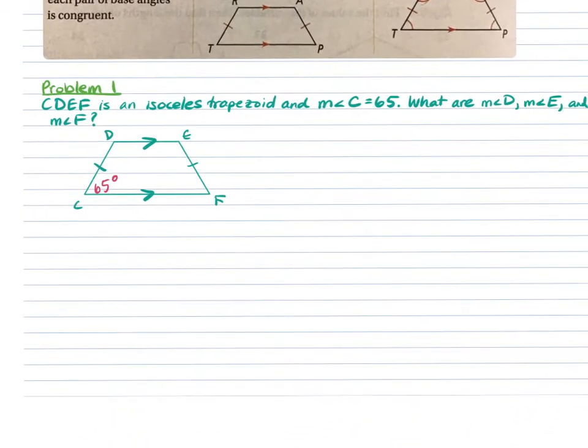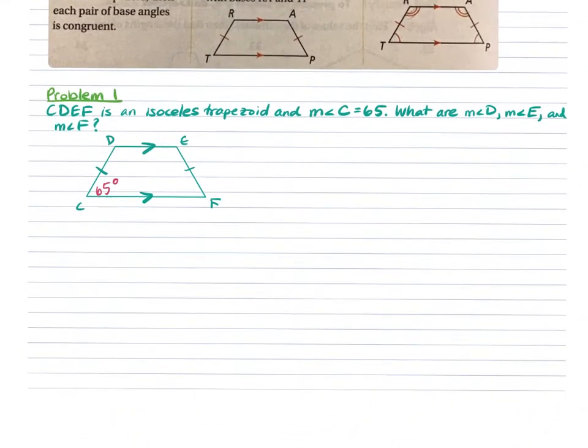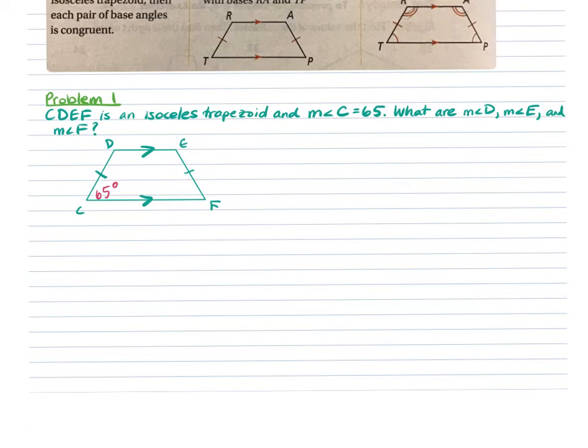We can see here we have an isosceles trapezoid, CDEF, and the measure of angle C is 65. What are the other measures of the trapezoid? So since this is an isosceles trapezoid, we know that these two angles are congruent, and this has to also be 65 degrees. We also know since these sides are parallel, these two angles here are same side interior angles.